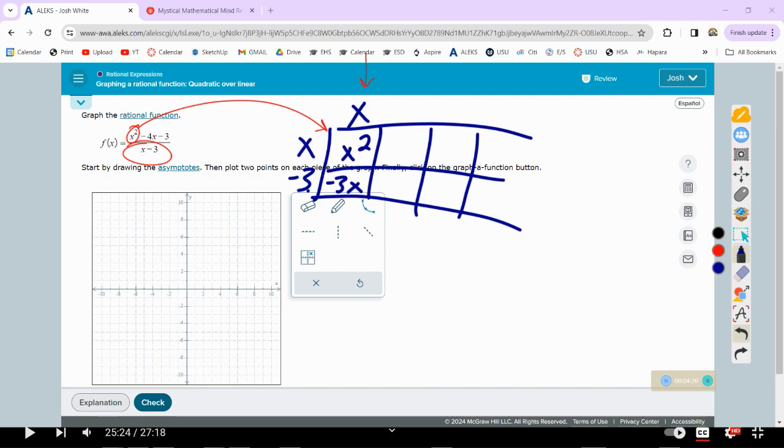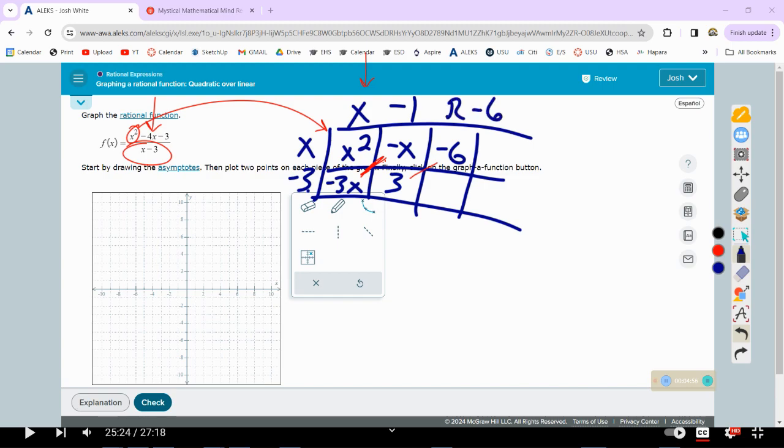Okay. And then what's going to go in this box? So these two need to add together to be negative 4. So negative x. Then we pull out an x and we get negative 1. And then negative 1 times negative 3 is 3. And then those have to add to be negative 3. So this would be negative 6, and I get remainder negative 6.